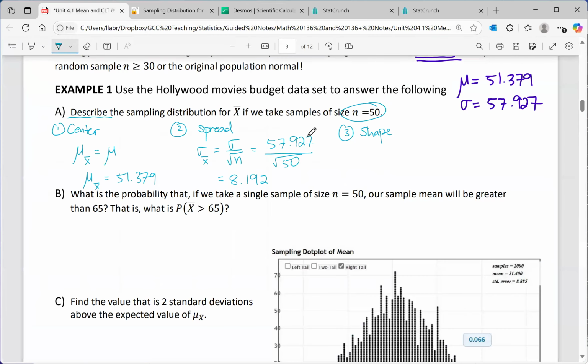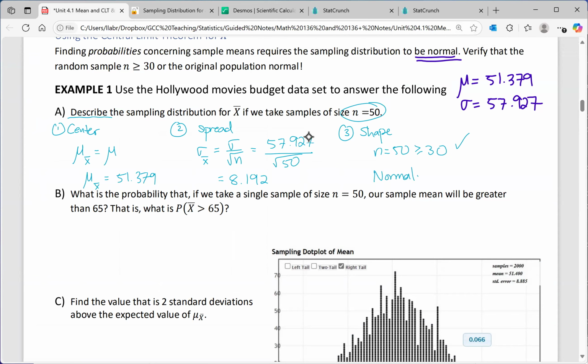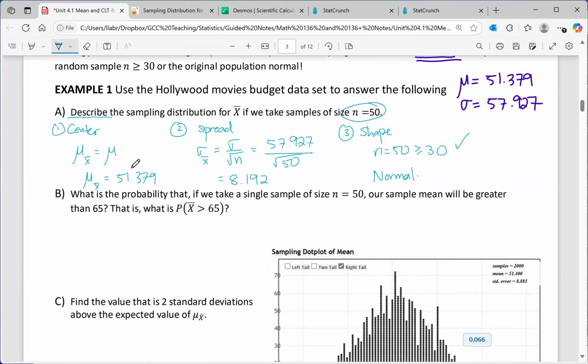I'm going to simulate after this. Because the sample size is 50, remember that our cutoff point was going to be 30. So we're going to check that off, and we're going to say that it's normally distributed. I have not done any simulation, but I'm basically saying if I were to do a simulation, I can tell you that the center is going to be 51.379, the spread is 8.192, and the shape is approximately normal.